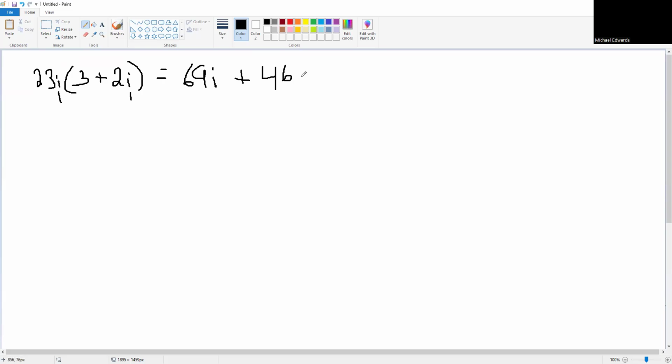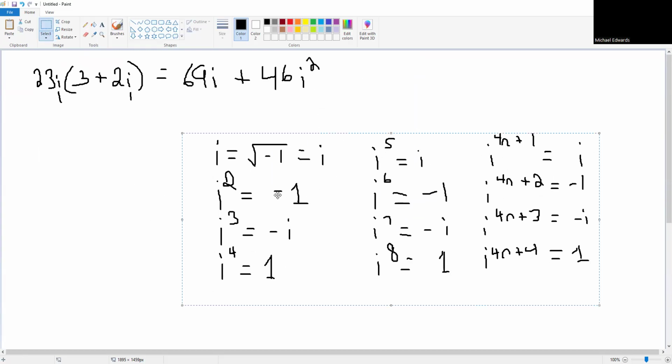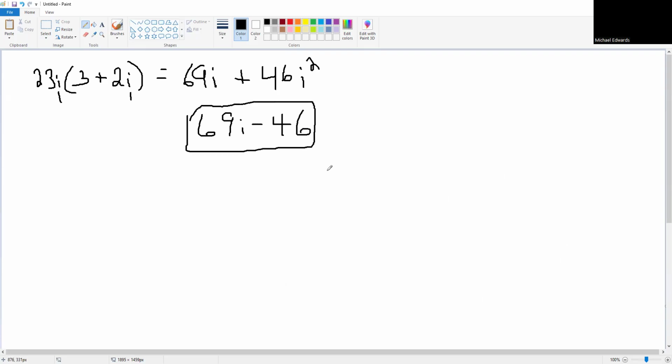So we have two i's here. Now, according to our handy dandy chart, this i squared will be a negative 1. So this will change to a negative 1. So we're left with 69i minus 46. And that is the solution.